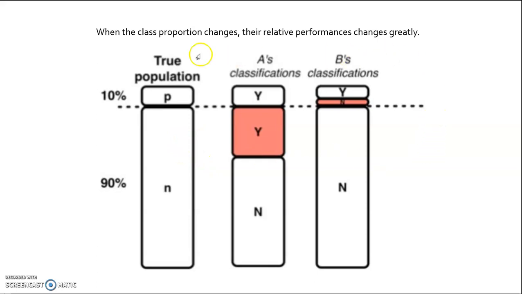So when the class proportion changes, the relative performance changes greatly, because you can see here that algorithm B is making very little incorrect predictions compared to algorithm A, whereas algorithm B just now was making a very grave misprediction, predicting churners to be loyal.